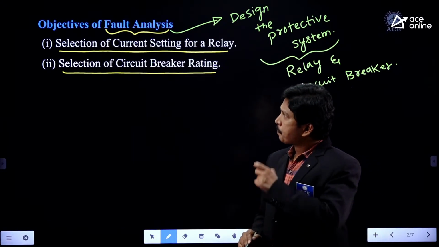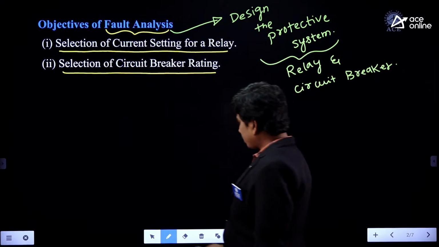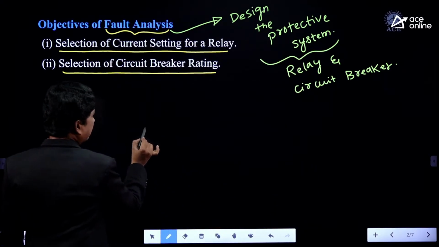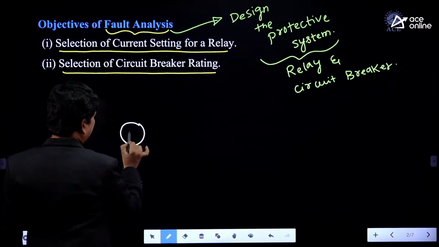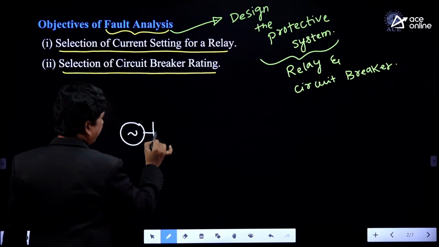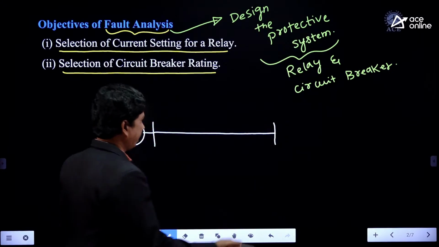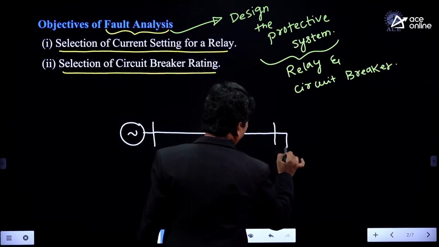Now coming to the relay selection. Suppose we have a transmission system like this. If this is the generator feeding power to a transmission line, at the end of this we have the load.